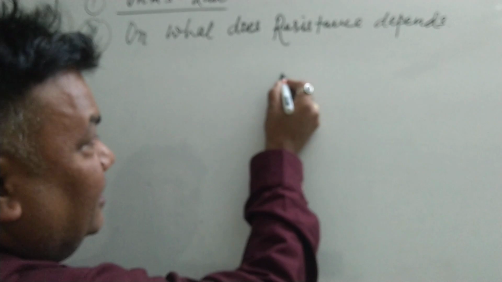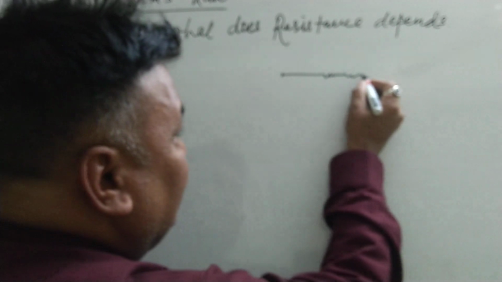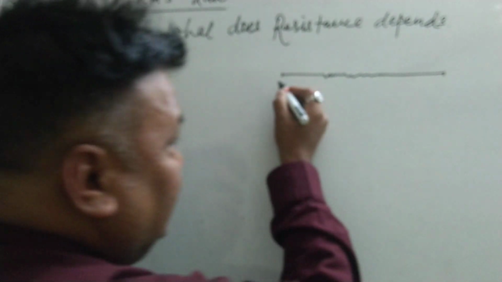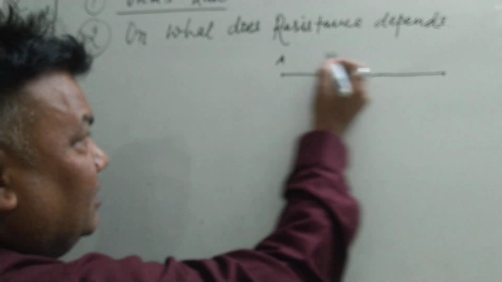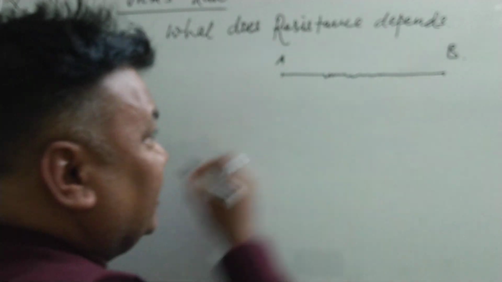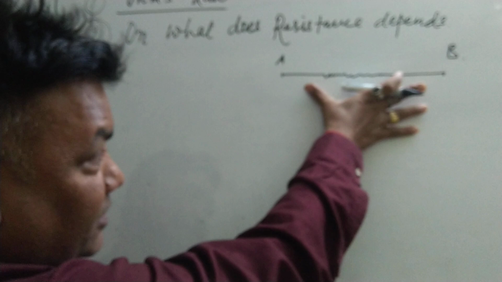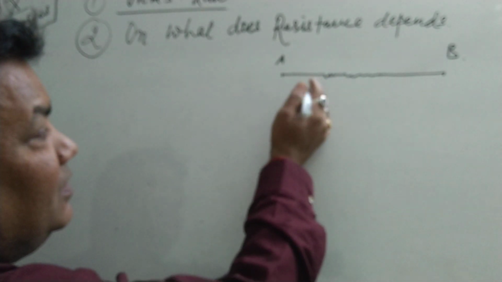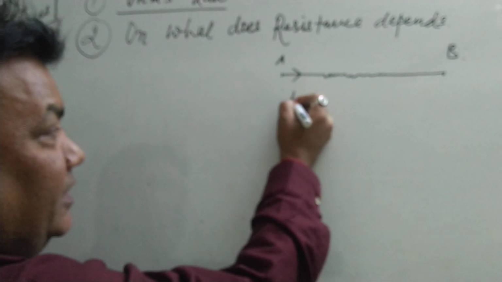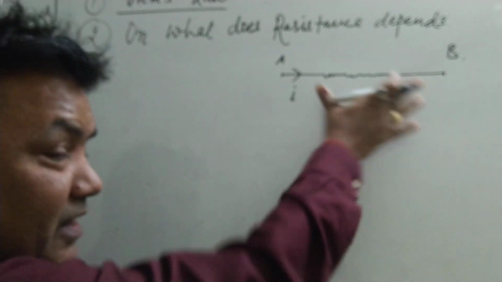Suppose we are taking any resistance between two points, A and B. Any current I is flowing in this element.